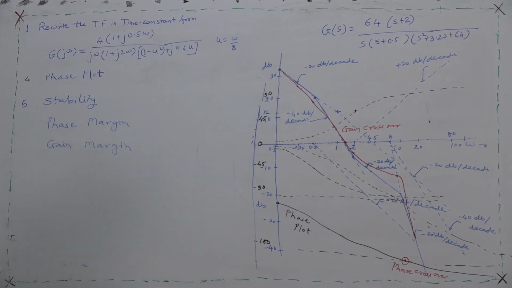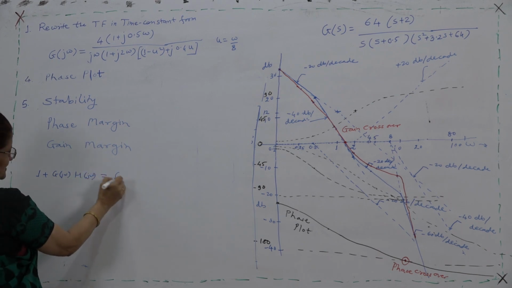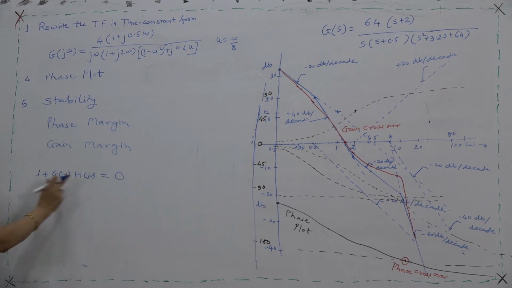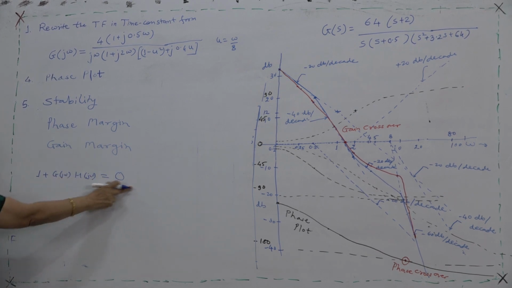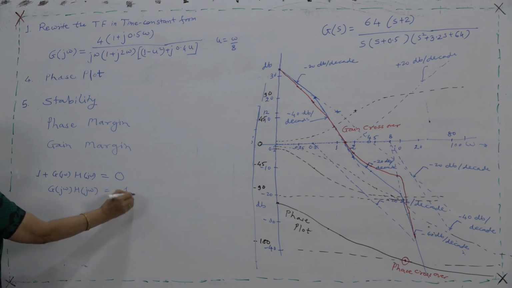Whenever we are considering, we will go back again, which is the thing 1 plus G(s)H(s), or we will write G(j omega)H(j omega). 1 plus G(s)H(s) equal to 0 is your characteristic equation, replacing s by j omega, we can write it like this. So, what is required now? G(j omega)H(j omega), we want it to be minus 1.